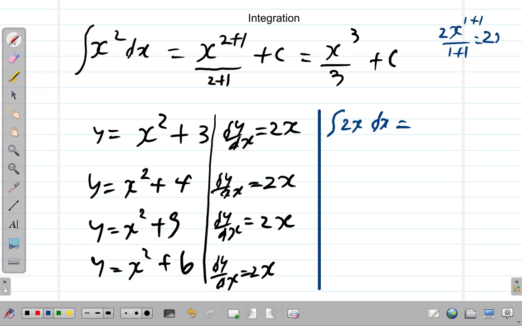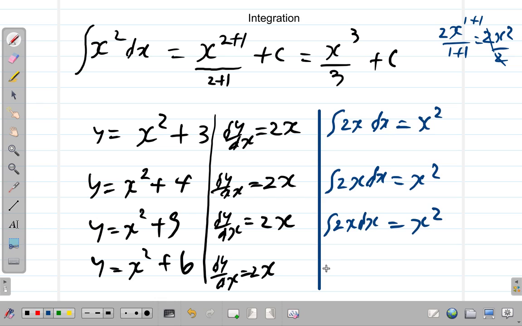So this would be 2x squared over 2, which is just x squared. Alright? When you integrate 2x, it's the same x squared you get. It's x squared in all of them.